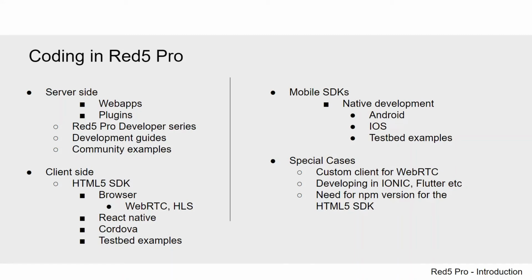And the testbed examples similar to HTML5 SDK will give you a list of individual features that can be implemented, and the examples will tell you how to exactly implement them. So if you're creating your own applications, these examples will help you aggregate the functionality into your own application.